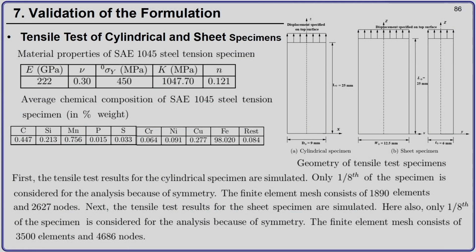So, now we come to the validation of the formulation that we have discussed. Why is validation needed? Any complex numerical model that you develop has to be first tested for any form of error in the modeling or in the implementation step. So, how do you test whether your formulation is working fine?